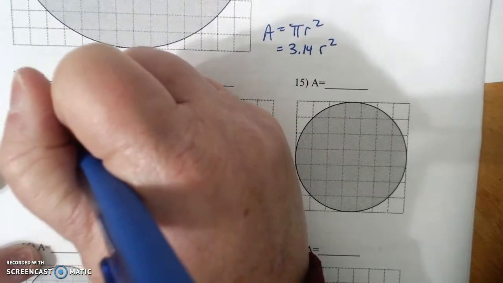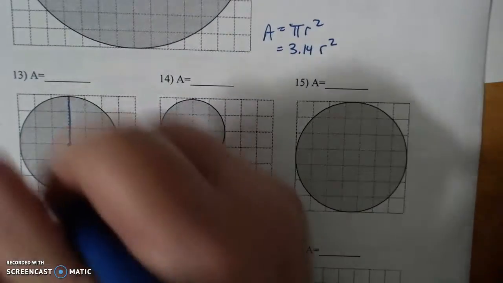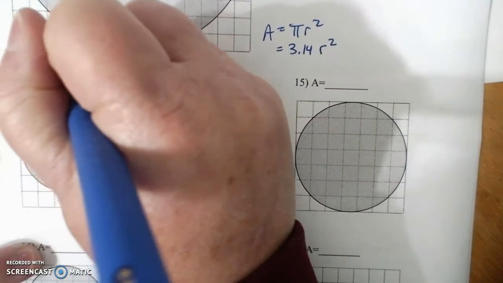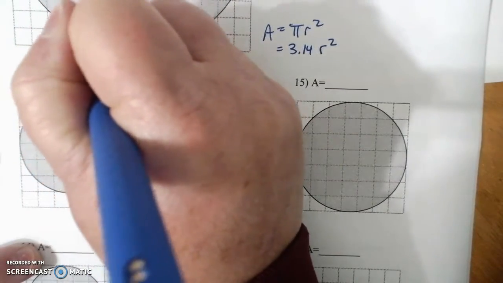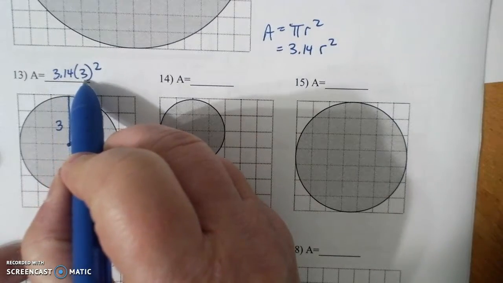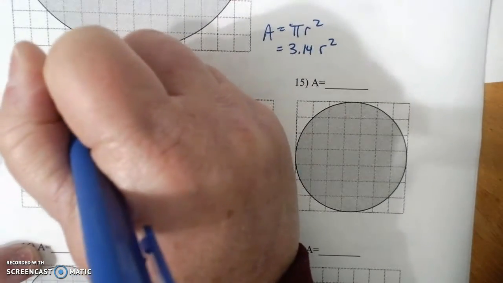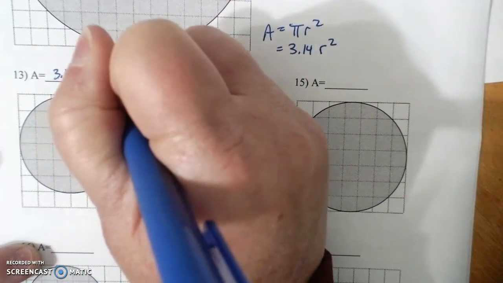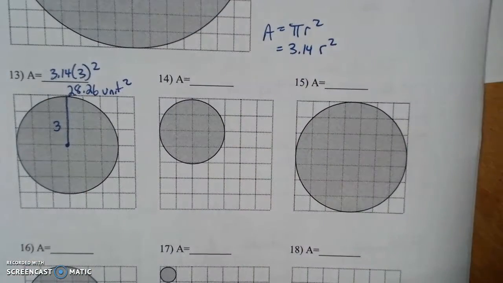And from the center to the side is a radius. So that's 3. So that's 3.14 times 3 squared, which is 3.14 times 9, which is 28.26 unit squared.